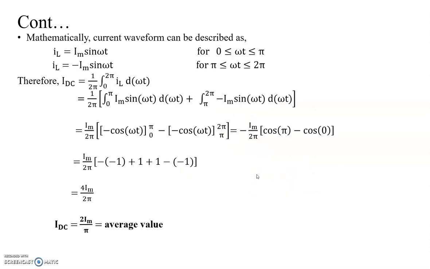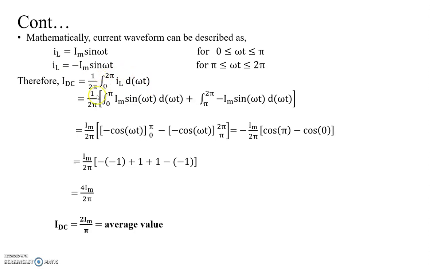Mathematically, the current waveform can be described as IL equal to Im sin omega t for omega t between 0 to pi, whereas for omega t between pi to 2 pi, the IL value becomes minus Im sin omega t. Therefore, IDC is equal to 1 by 2 pi integral 0 to 2 pi IL d omega t.